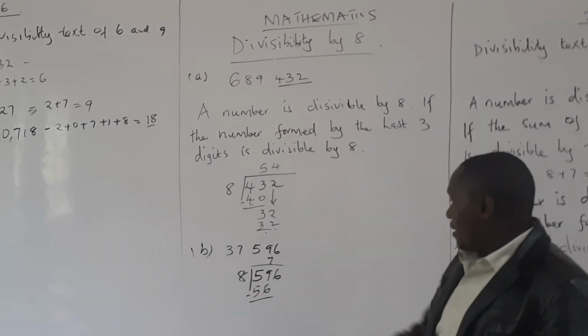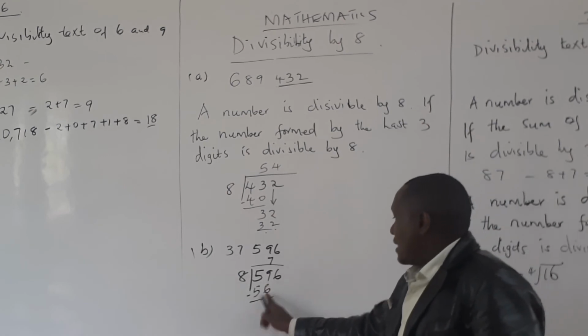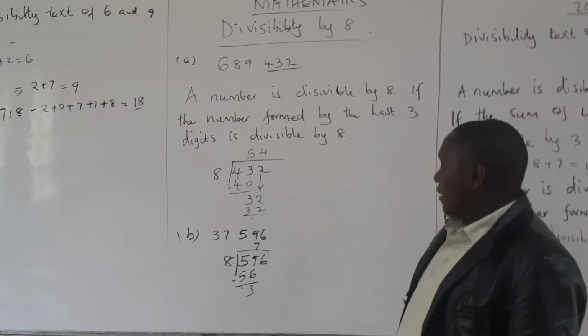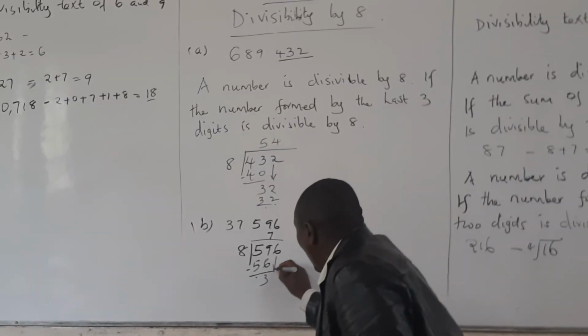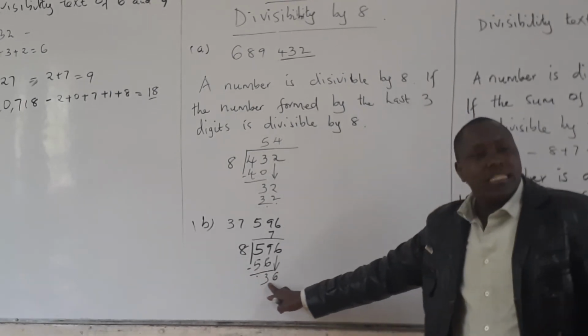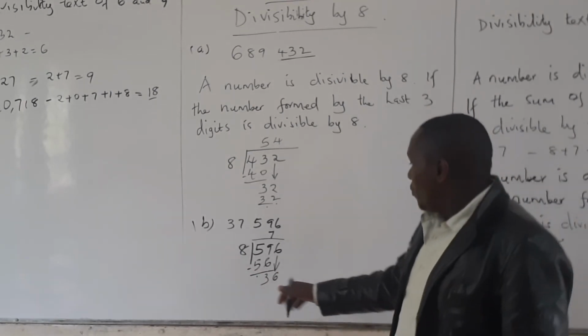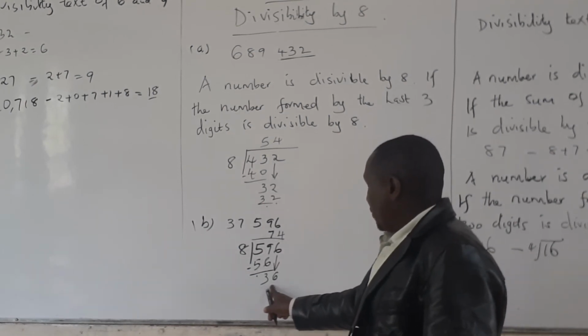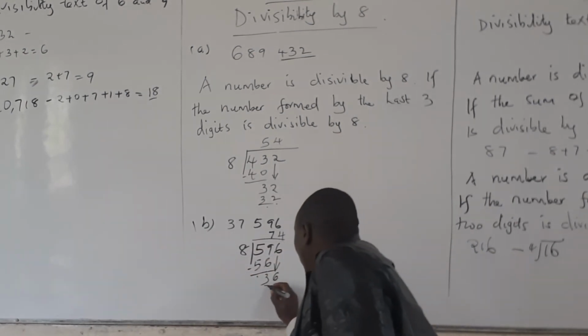Therefore, you subtract. You say 9 minus 6 is 3. 5 minus 5 is 0. That means you remain with 3 there. You now drop 6. You say 8 will go into 36 how many times? It will be 4 because 8 times 5 is 40, so it will be 4 because of 32.